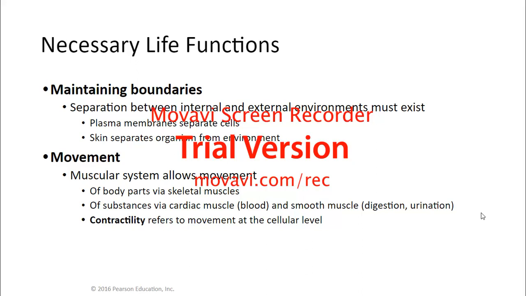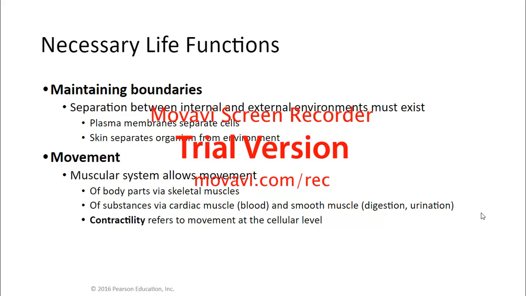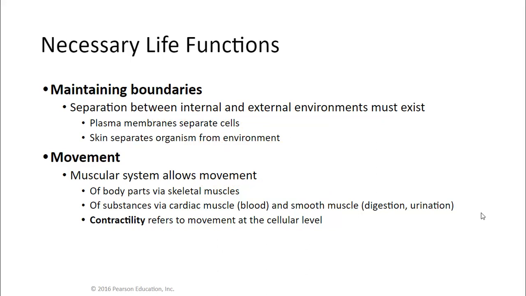So some of the boundaries that we talked about was the plasma membrane. Looking at the molecular level with cells, the plasma membrane separates the inside of the cell from the outside of the cell. And if you want to look at a more macroscopic level, you can look at your skin. Your skin separates you, the organism, from the external environment. And then movement. Our muscle system allows us to move.